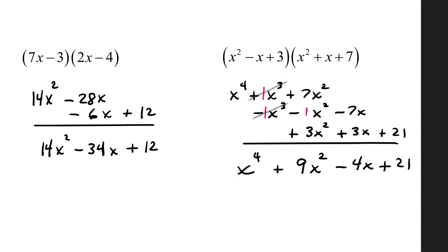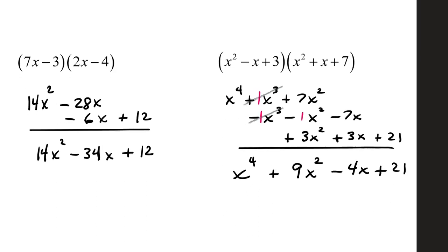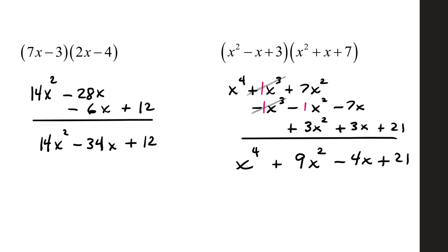In the example to your right, we have 3 terms. We're going to start with the x squared, distribute it. X squared times x squared, x squared times x, that's x cubed. X squared times 7, 7x squared. And then we move to our middle term, negative x times x squared, that's negative x cubed.